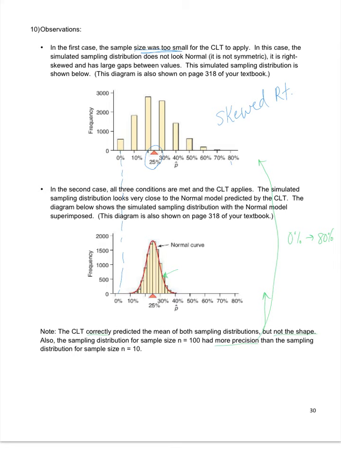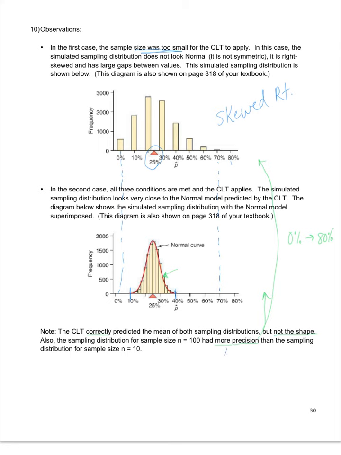Actually, the last value in there was around 70%, it looks like, not 80. So we can see a much more precise distribution in the second one because this only goes from about 10% to about 40% instead of 0 to 70%.